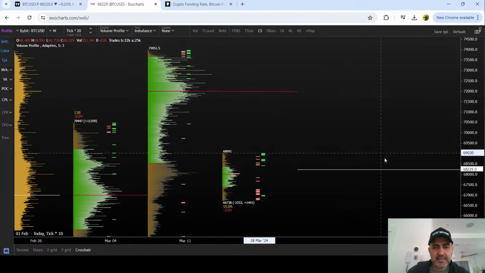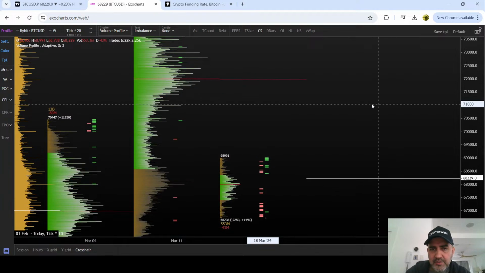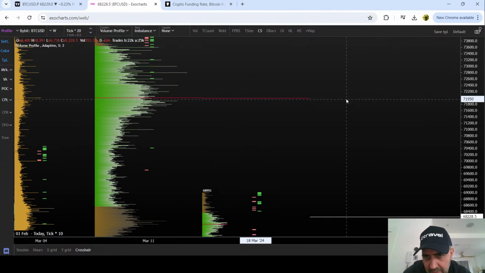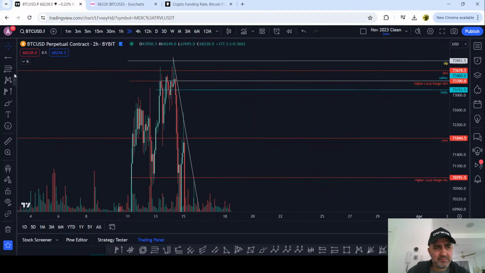As you can see, the weekly has a naked one as well. See that? That's a naked weekly point of control, and you can mark that off as well if you're interested. That's at 71990, so the price will react there as well.